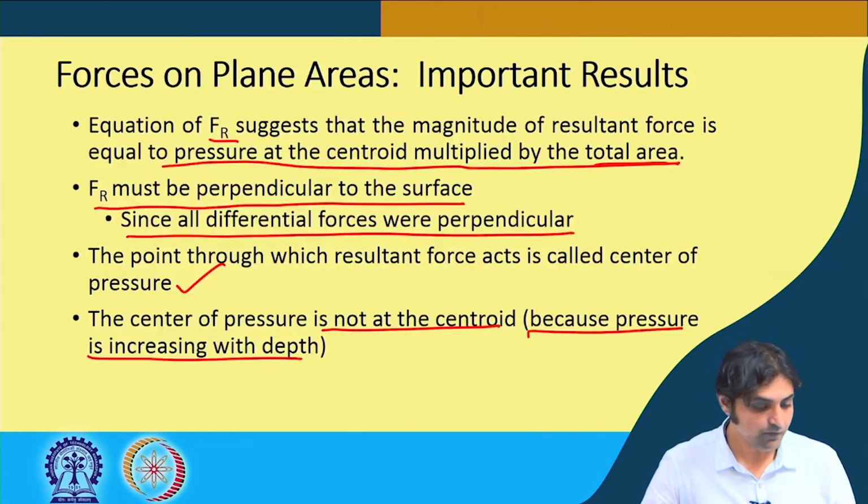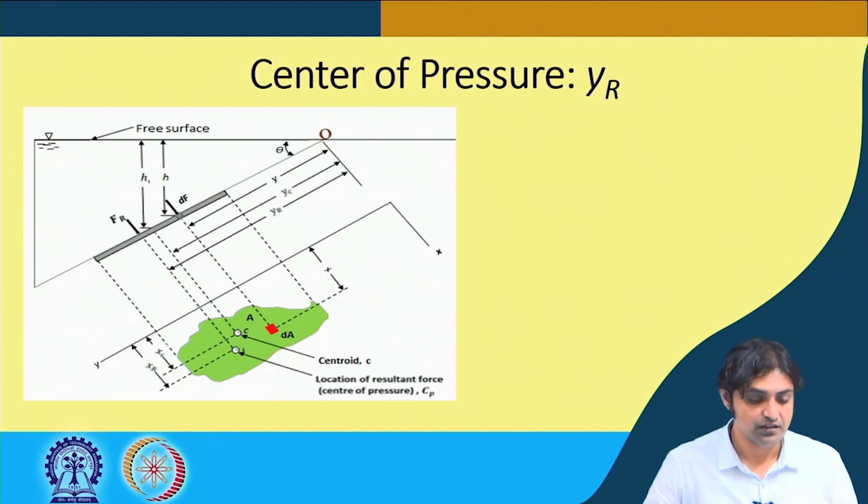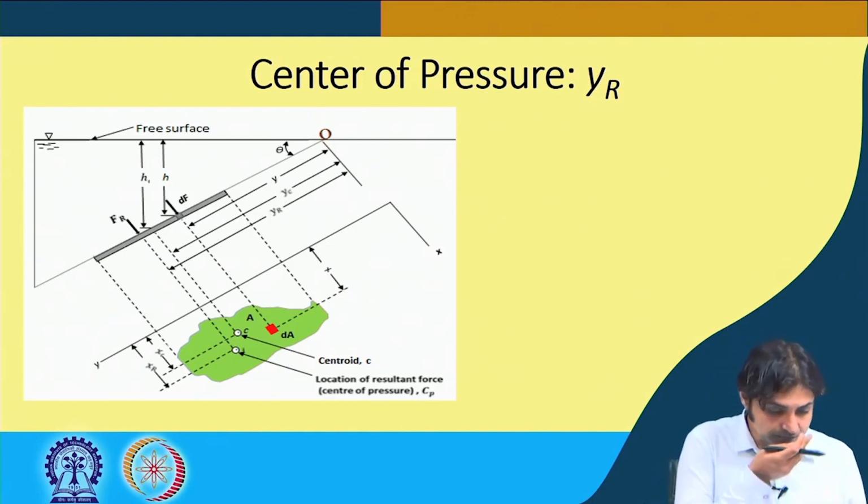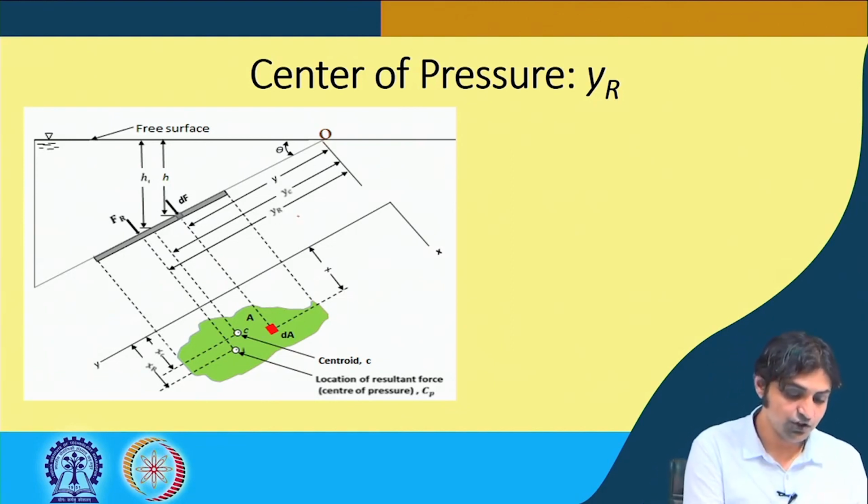Okay. We have seen the resultant force value and we have discussed some of the properties of the resultant force. Now, we must also be able to find out the corresponding XR and YR. So, let us say there is one of the coordinates in the y direction for the center of pressure.